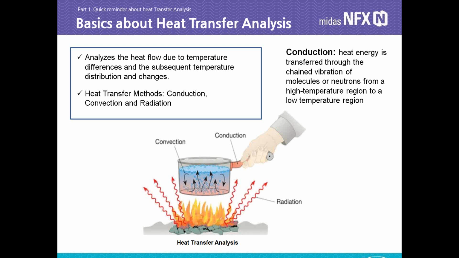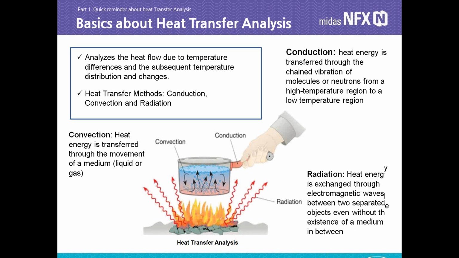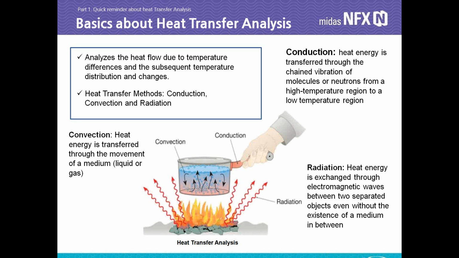The rate of transfer depends on the property of the material, of course, and this is the conduction coefficient. Now convection is the energy transferred through the movement of a medium, generally a liquid, but it can also be a gas, like air, for example. And radiation is heat energy transferred through electromagnetic waves.